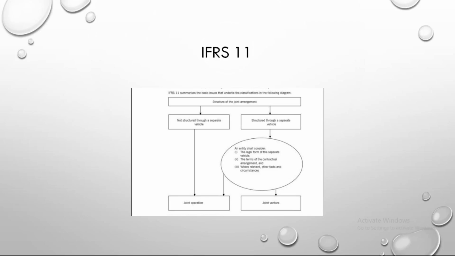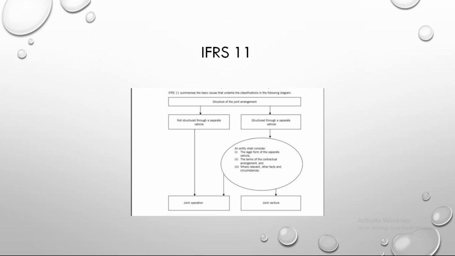The other one is where we structure it to a separate vehicle, a separate company, a separate venture. That is what we call a joint venture. So a joint venture means you have a separate entity, the legal form is a separate vehicle, they have a contractual arrangement, and when relevant, other facts and circumstances.